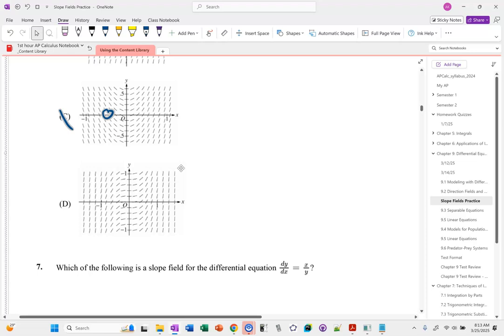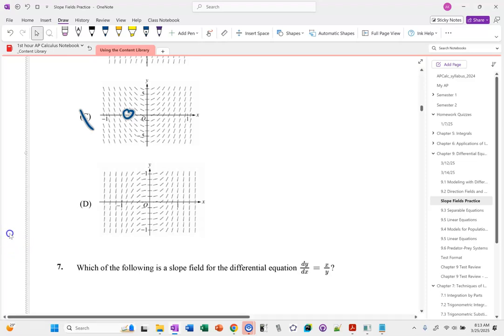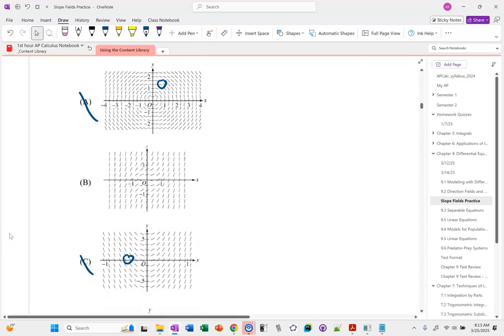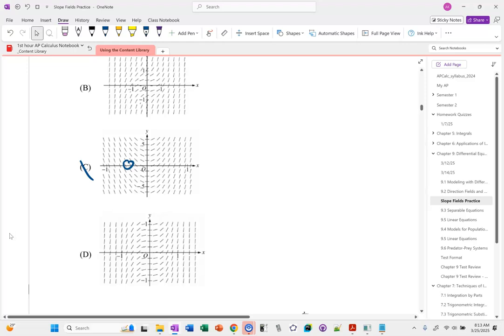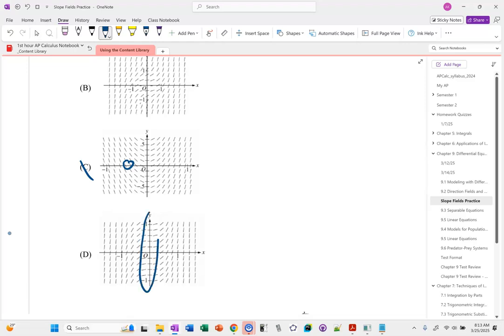Now, the question becomes, how do I choose between D and B? Well, here I notice that I have an equilibrium value at x equals 0. Well, that's not right. You're gone. B has to be my answer.